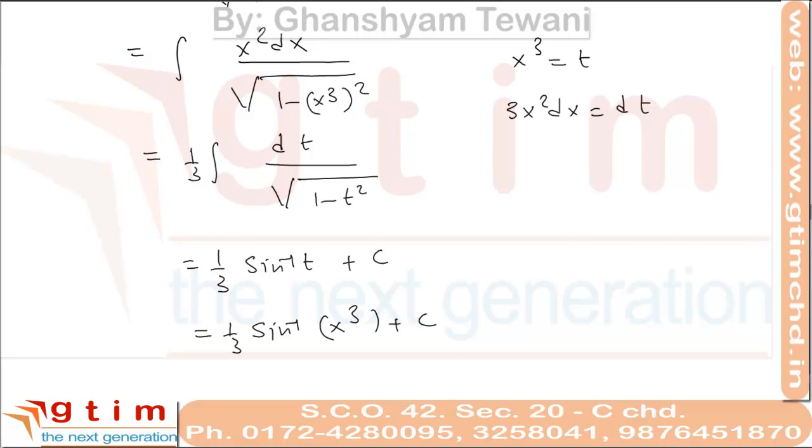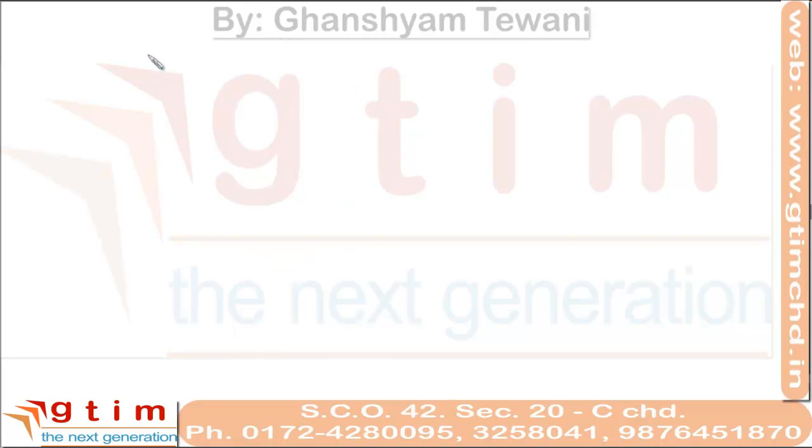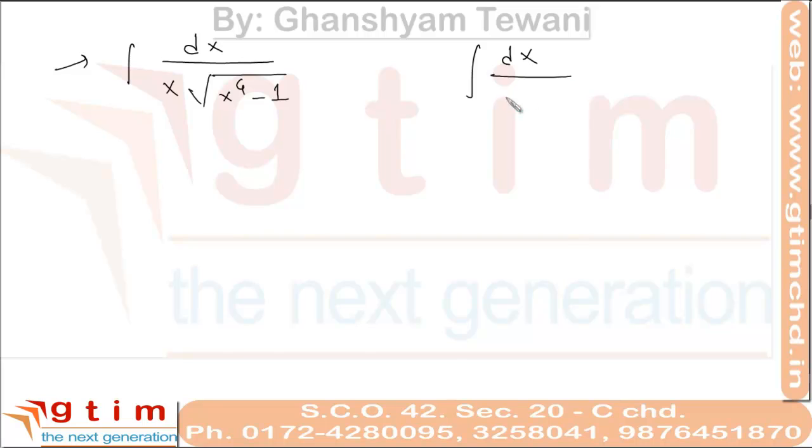Okay, try this one. dx upon x square root of x power 4 minus 1. Look for the formula which is of this type. Any elementary formula of integration? We know this one, dx upon x square root of x square minus 1.